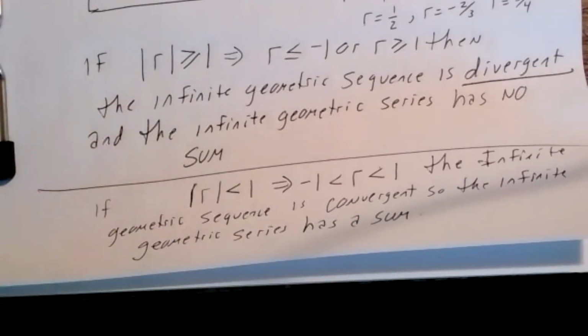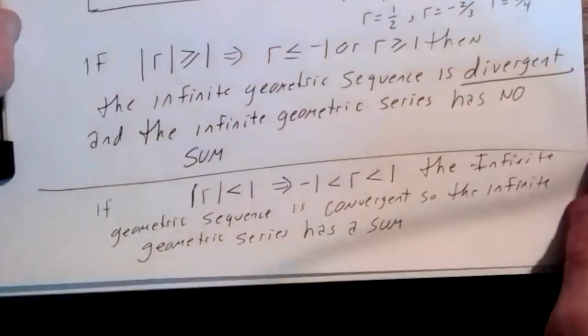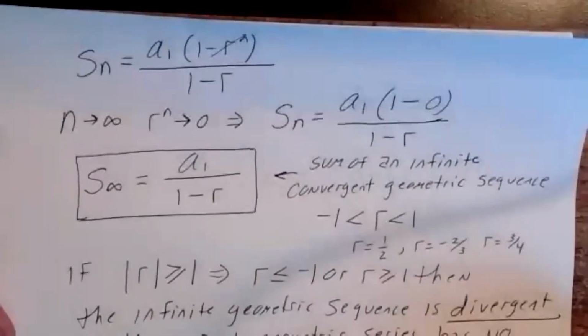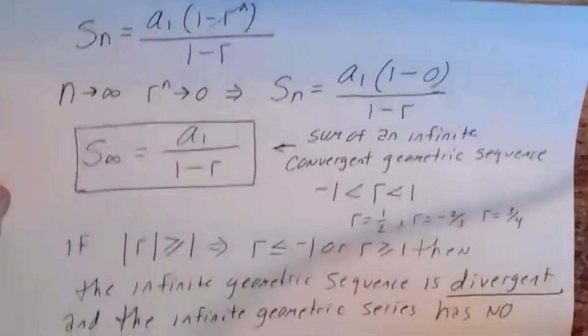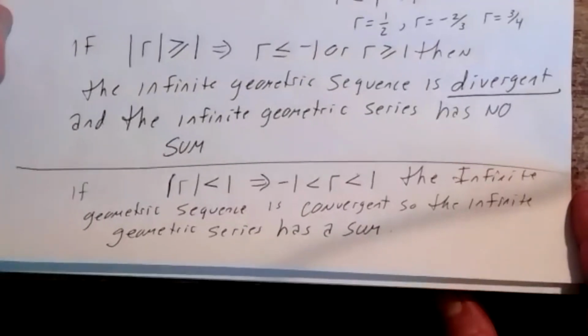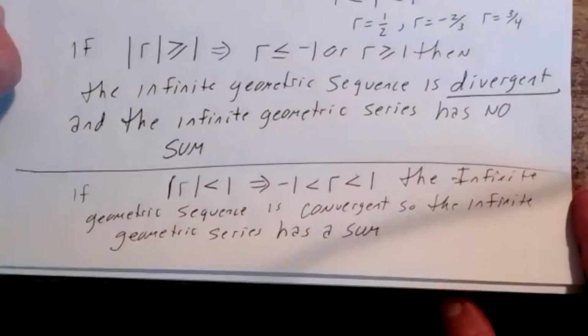All right, just a couple more problems. We can wrap it up. Any questions about this? What it means for a geometric sequence to be convergent or divergent, and the implications it has for the infinite geometric sum or series, possessing or not possessing a sum.